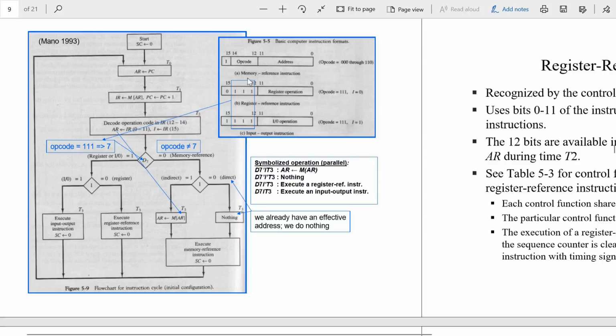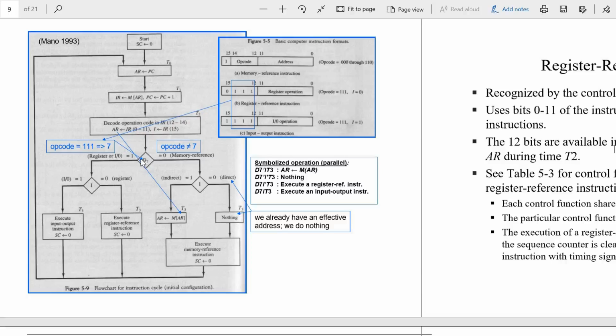The opcode for memory reference instructions runs from 000 to 110, that is up to 6, held in bits 12 to 14 for memory reference only. The opcode 111 is common to the other two.